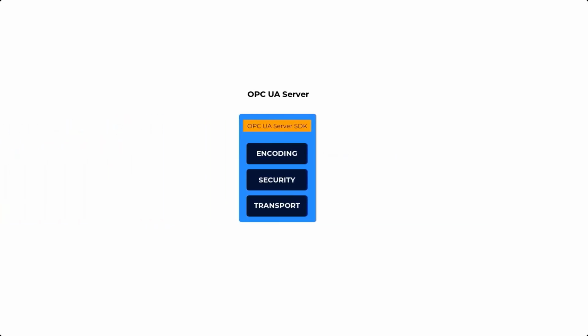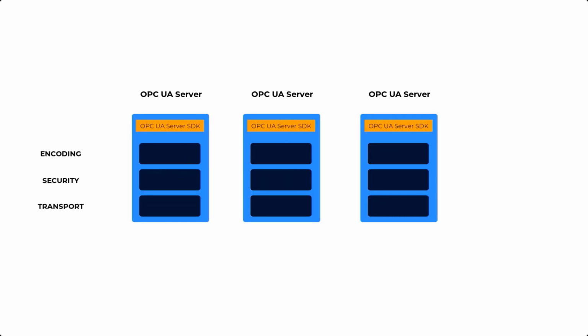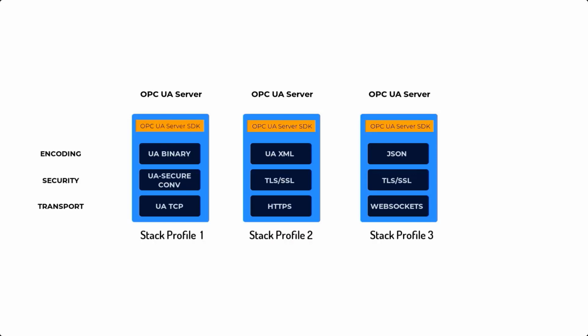And here's why. There are multiple technologies that can possibly be used for implementing each layer in an OPC UA stack. So what that means is we end up with different possible combinations of technologies for one full OPC UA stack. These different possible combinations of an OPC UA technology stack are called profiles or stack profiles.